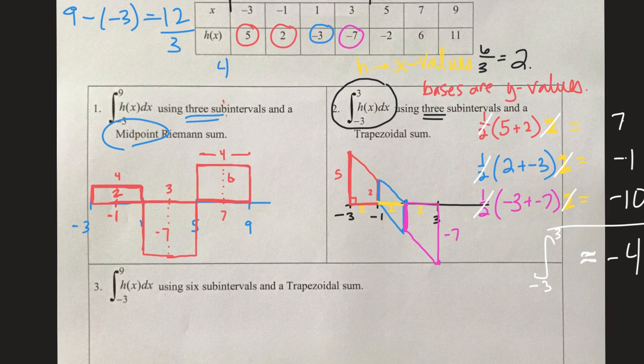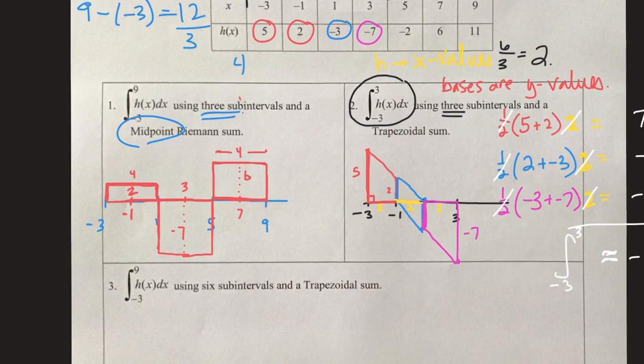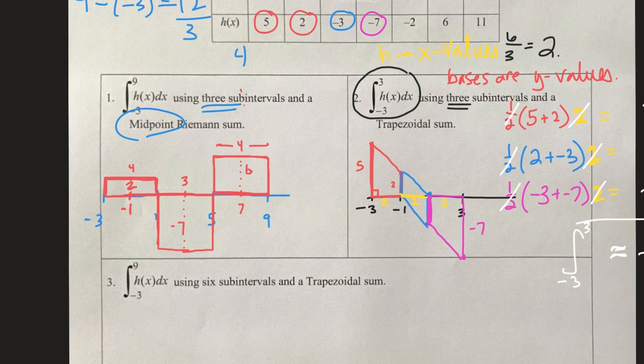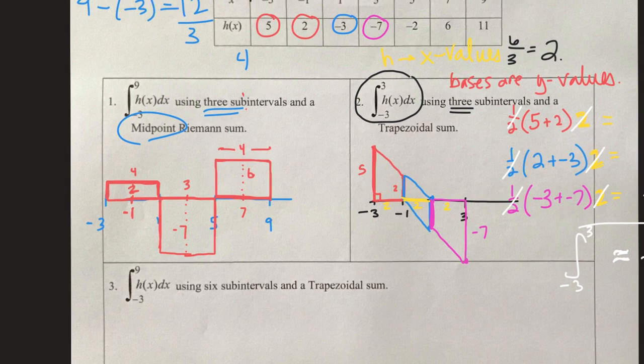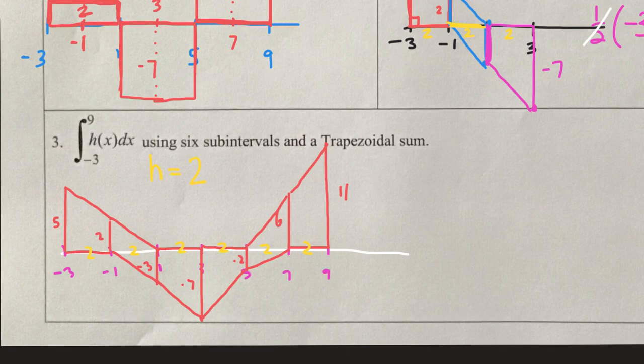Okay, so let's see if we can put this last one together with number 3 using 6 sub-intervals and the trapezoidal sum. Again, all these are going to be 2 units apart, and we're going to use all the y values. So this is what all of our trapezoids look like. Now we're going to find the area of each of them.